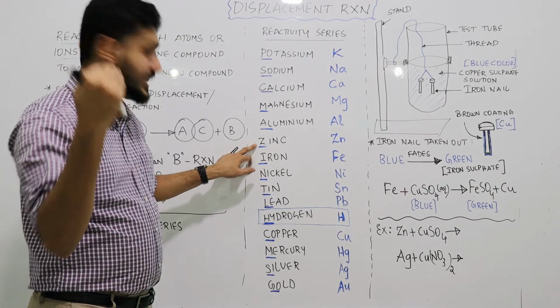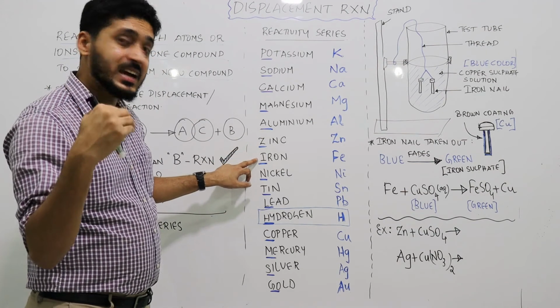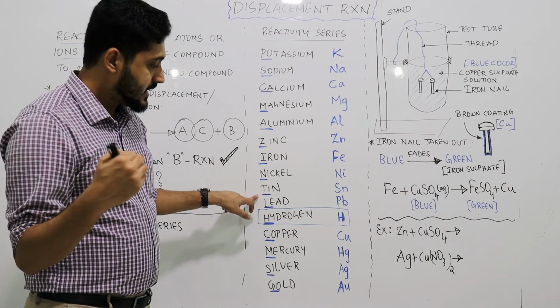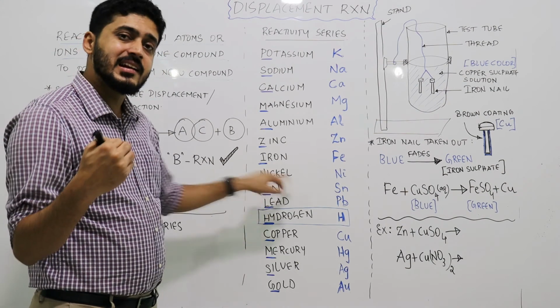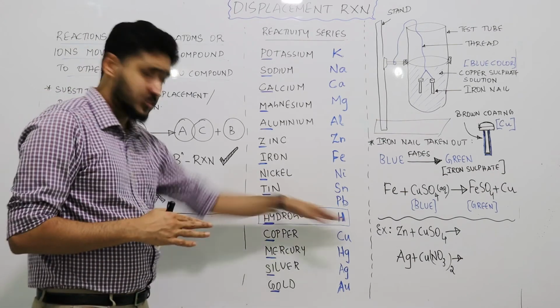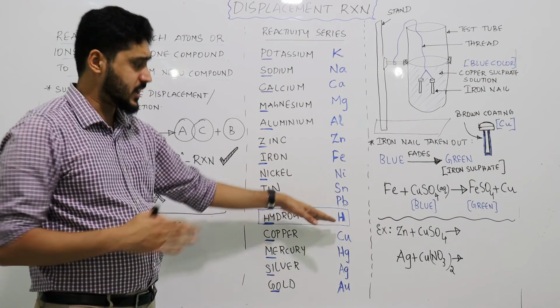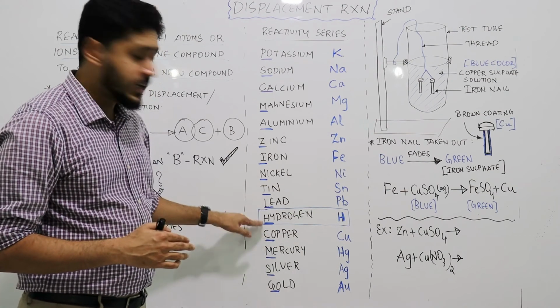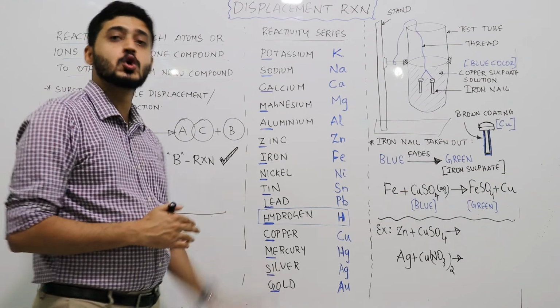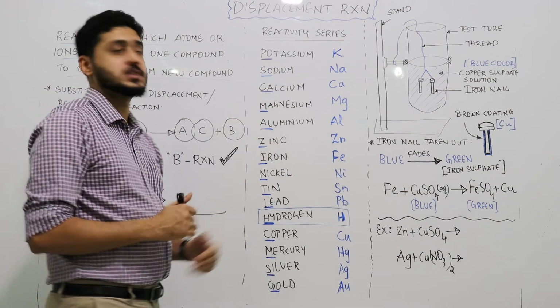Zintile: zinc, iron, nickel, tin, lead. Hydrogen is taken as the reference element. Now copper, mercury, silver, gold. Poso, camel, zintile, Messigo.